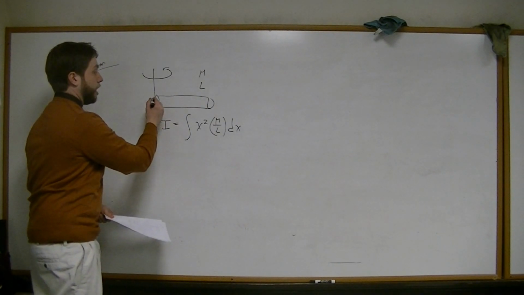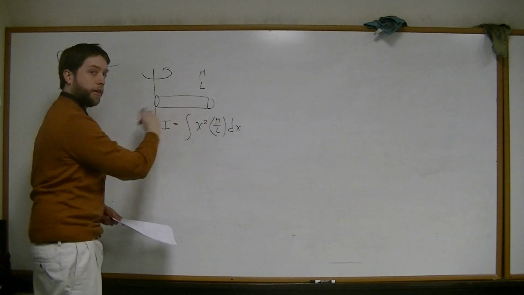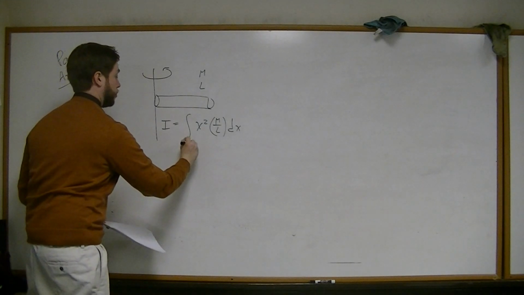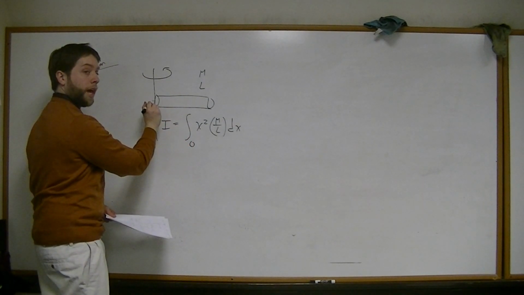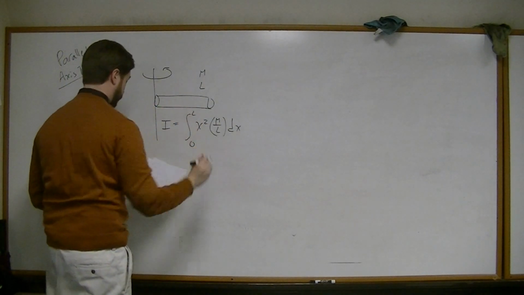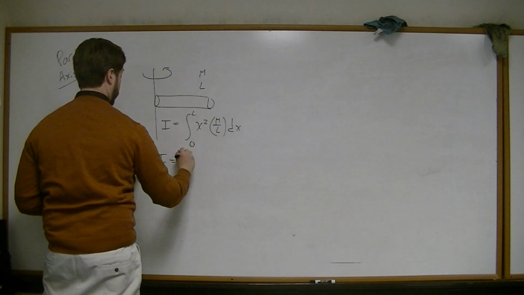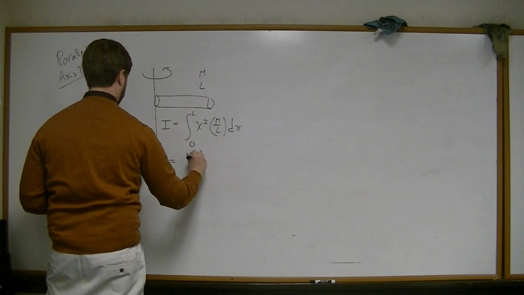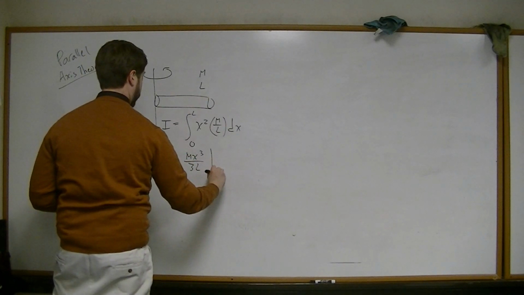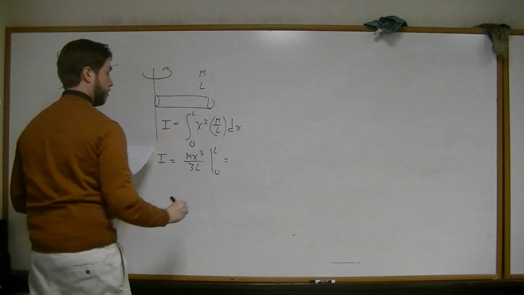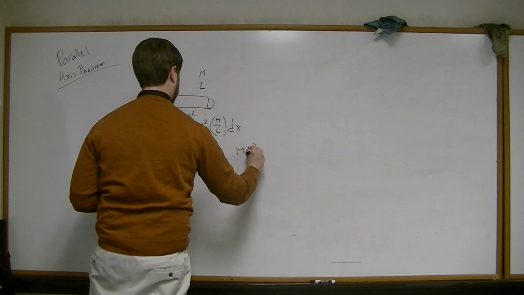Now we're going to be integrating from 0 to L, the full length of the rod. So we're starting at x equal to 0, moving to L. And that's going to give us, when we do the integration, m x cubed over 3L from 0 to L, and we get a rotational inertia of mL squared over 3.